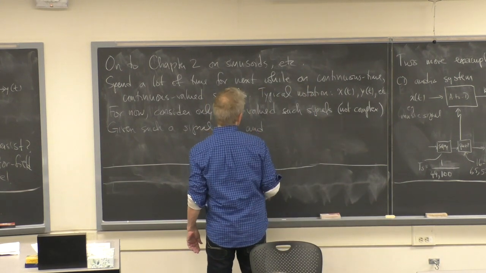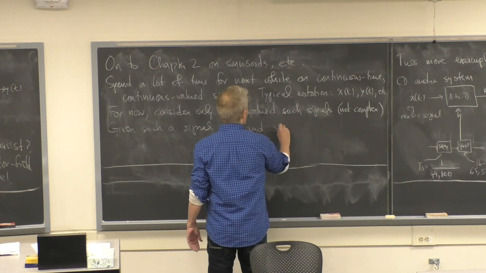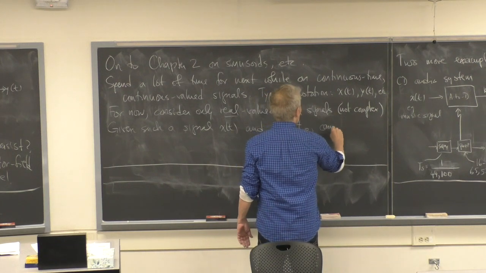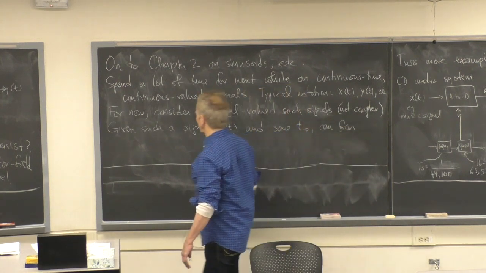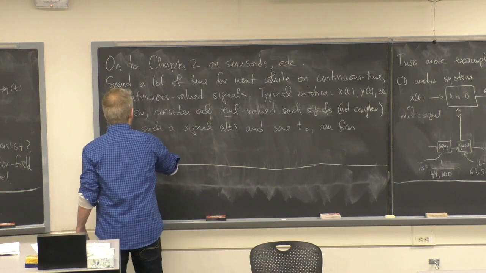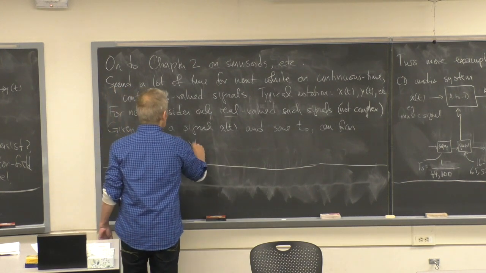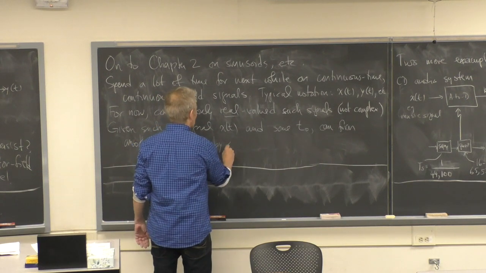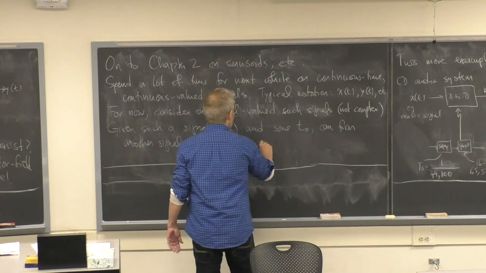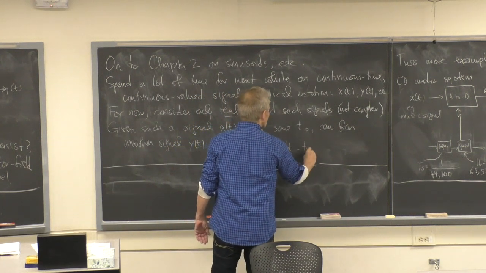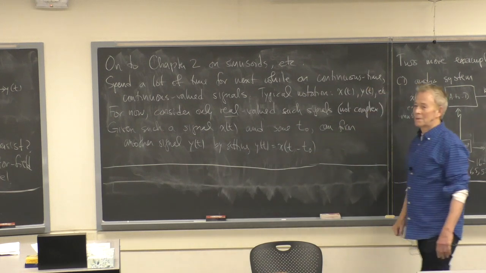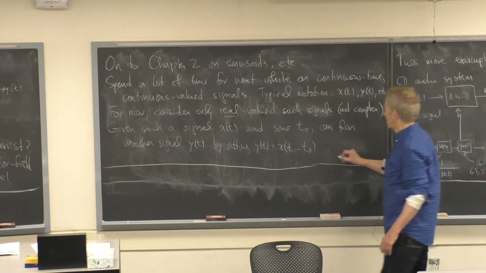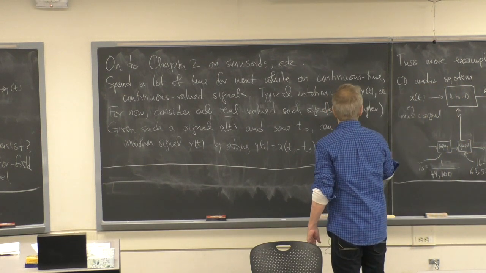So if I'm given such a signal x of t and some real number, let's call it t0, we can form another signal, y of t, by giving y of t the following specification. y of t equals x of t minus t0. This is just a time shift of the signal x of t.